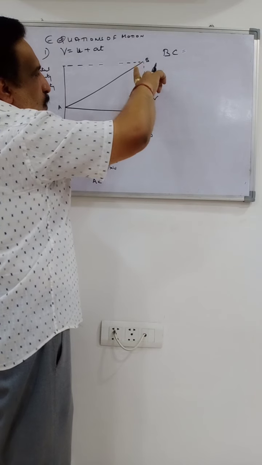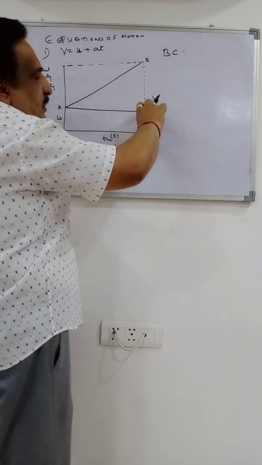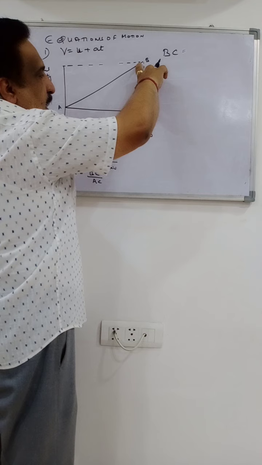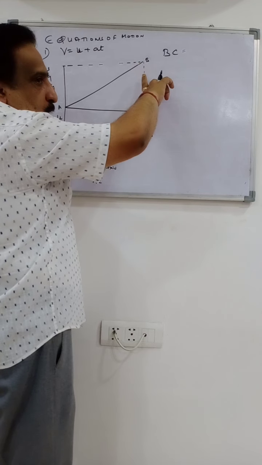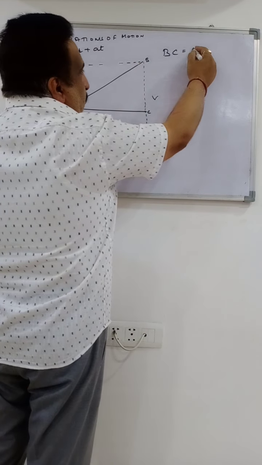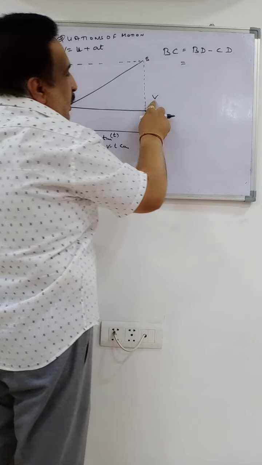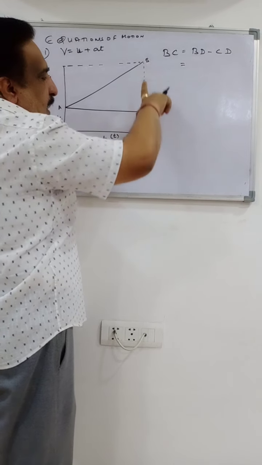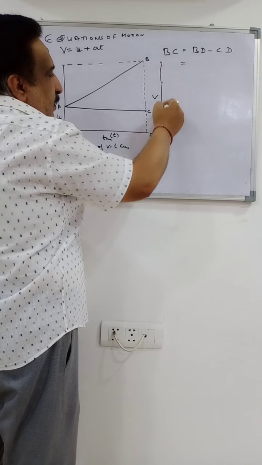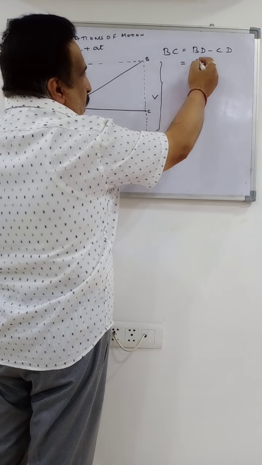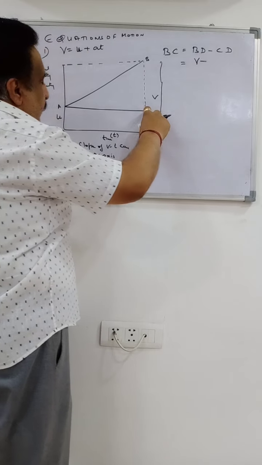BC is equal to BD minus CD. BC is equal to BD total minus CD. But what is BD equal to? BD is V. So it is equal to V minus, what is CD equal to?